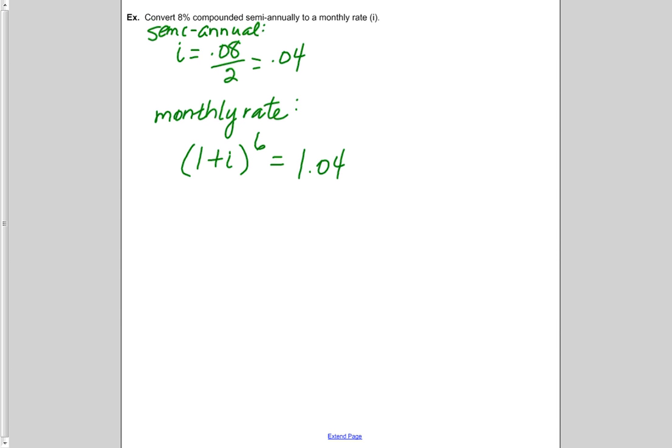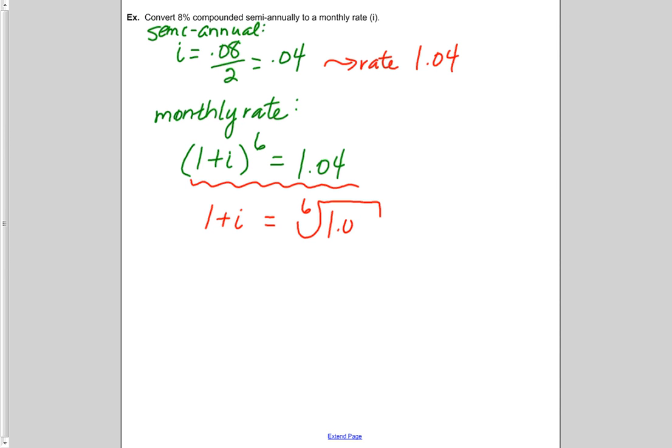1.04. Our rate semi-annually is 1.04. So our monthly rate comes from this. To get the monthly rate, we are going to take the 6th root of 1.04.